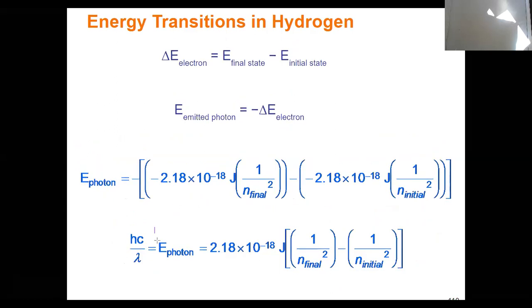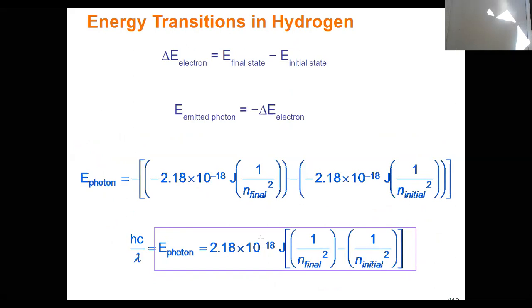This part: the energy of the photon is equal to this constant that you're going to know, 2.18 times 10 to the negative 18 joules, times, and notice that bracket there, 1 divided by n final squared, which is your final energy level, minus 1 over n initial squared, which is your initial energy level.